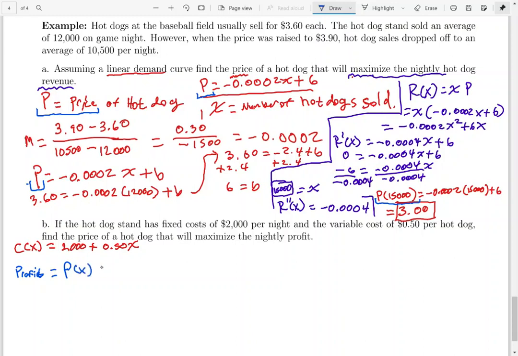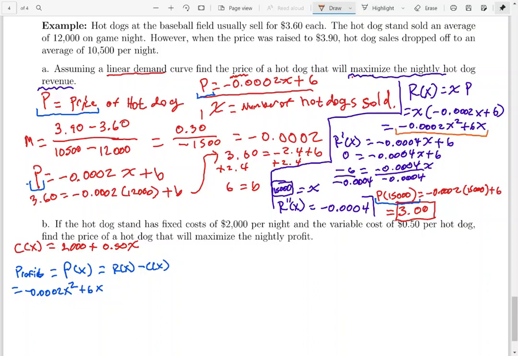And so my profit function P of x is equal to revenue minus cost. Since we know the revenue function already, we found it based on linear assumptions, that's going to be negative 0.0002x squared plus 6x. That was our revenue function from earlier.